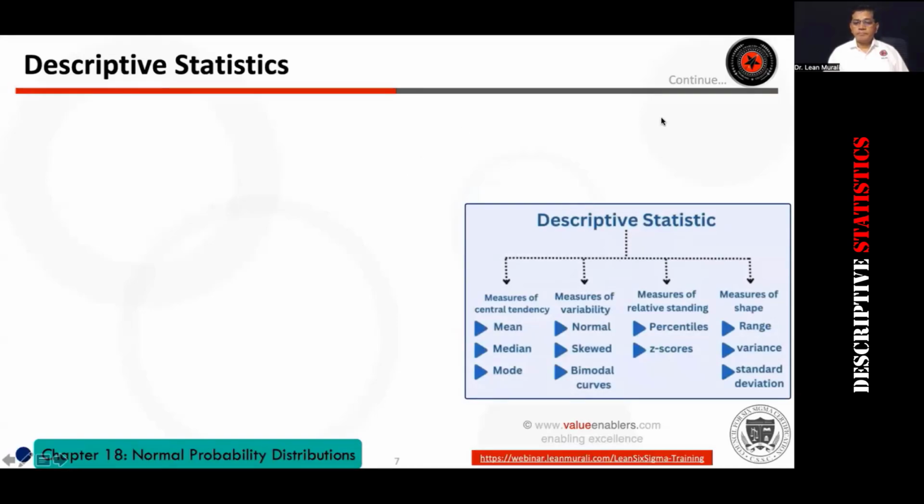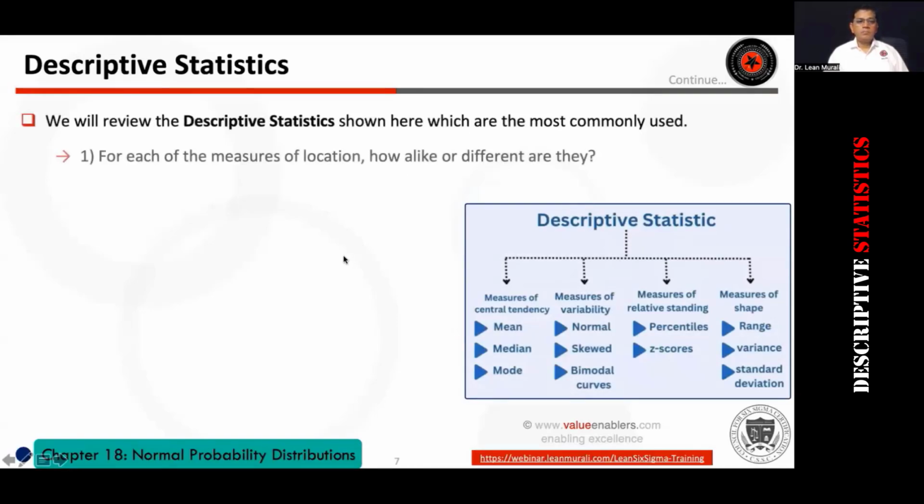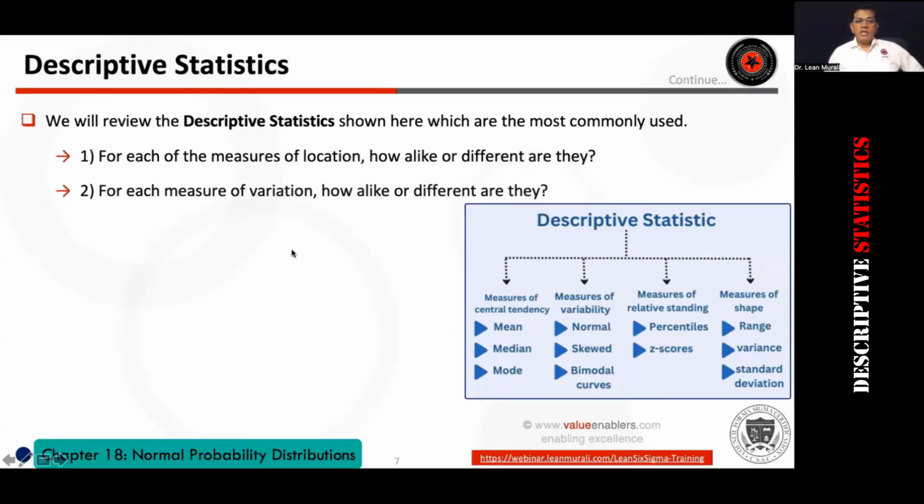Now we will review the descriptive statistics shown here, which are commonly used. For each of these measures of location, how alike or different are they? Measures of location means mean, median, mode.